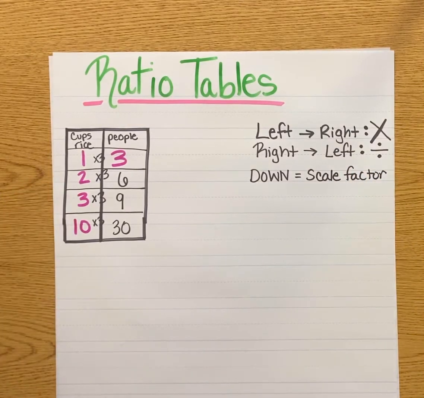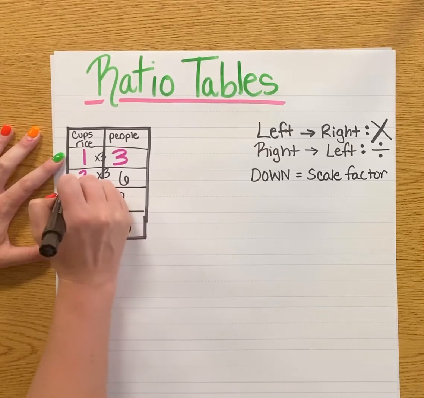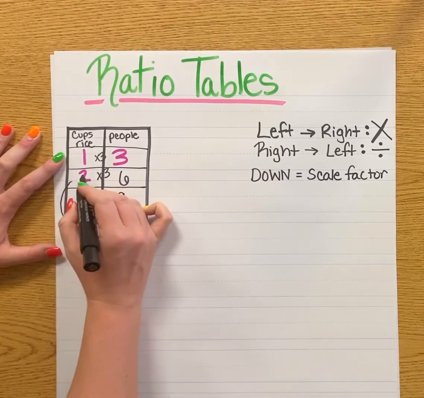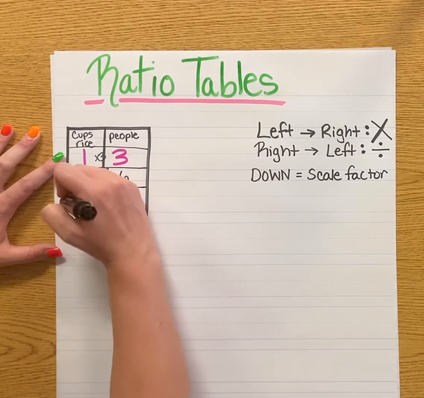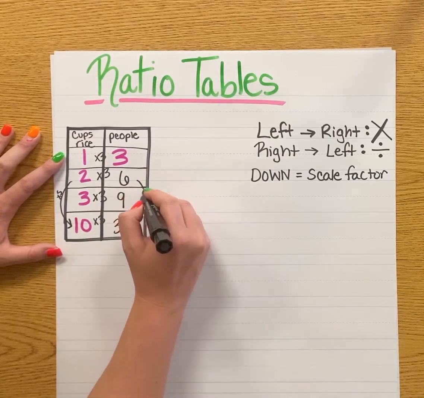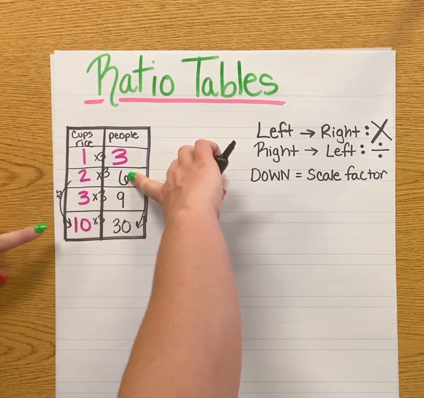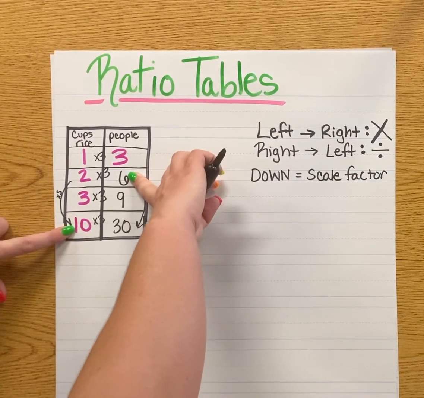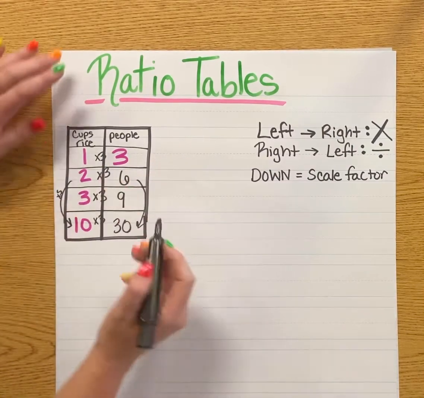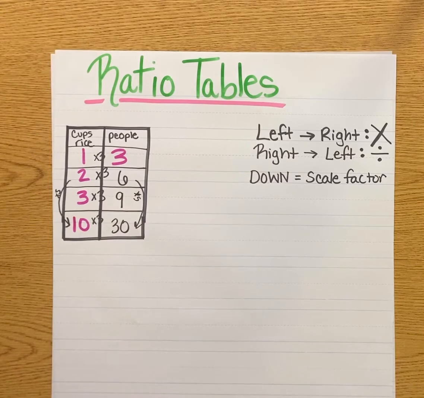What that means is, if I wanted to go from 2 to 10, 2 times what gives me 10? 2 times 5. Well, the same thing is going to happen here. On the same row of the table, 2 times 5 gave me 10. Well, 6 times 5 is what gave me 30. So there's multiple ways to fill in a table. You just have to remember these rules.